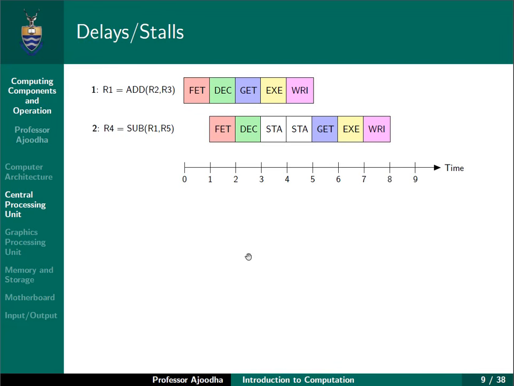If we didn't have a pipeline, we would need to completely execute instruction 1 and only start instruction 2 at time 5. But we can still do it concurrently. It's just that we would need to include those two little stall periods so that R1 can actually update.